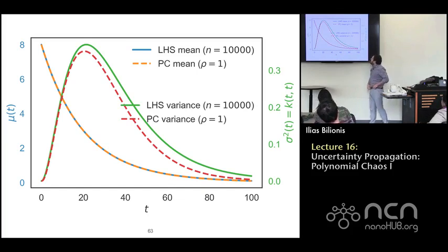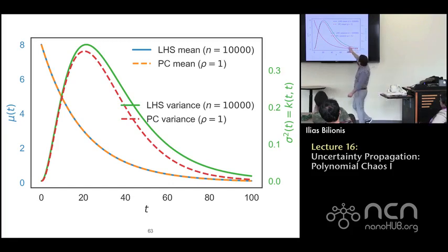And the dashed lines are the mean and the variance with a polynomial chaos or an orthogonal polynomial approximation with rho equals 1 with degree 1. So just the linear term.